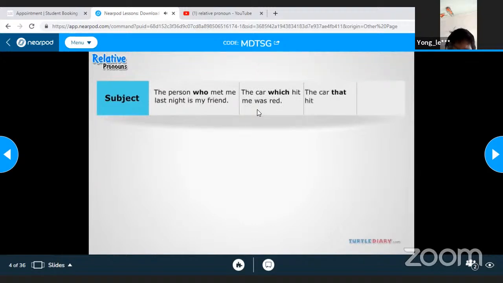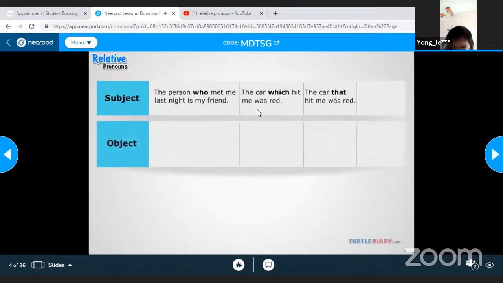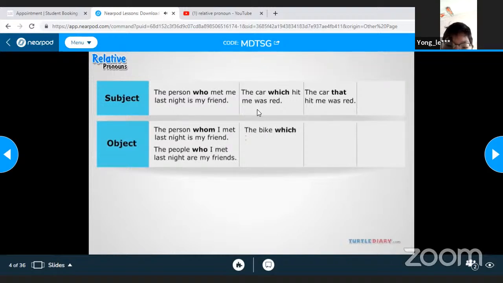The car that hit me was red. Object. The person whom I met last night is my friend. The people who I met last night are my friends. The bike which I drive is new. The bike that I drive is new. Here, the relative pronoun is optional.